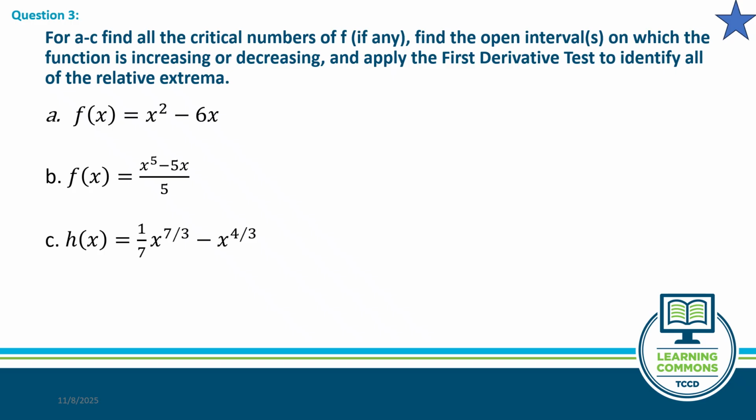Okay, so to start off, I want to find the first derivative. I always just find the first derivative first. It's the easiest part of this whole thing. That's going to be 2x minus 6. Now to find critical numbers, you set your first derivative equal to 0.